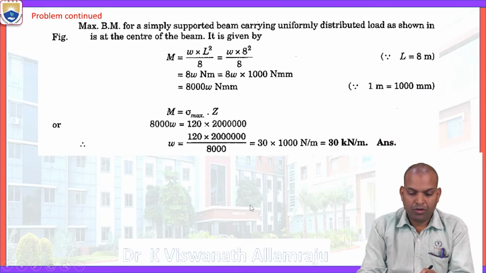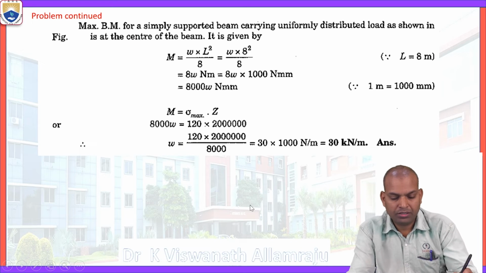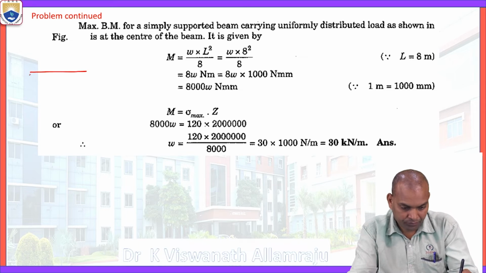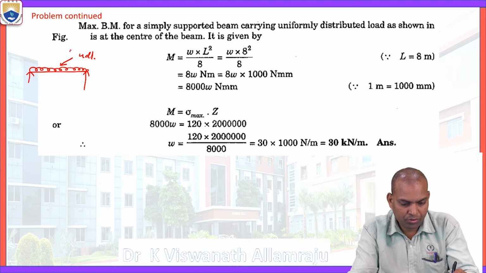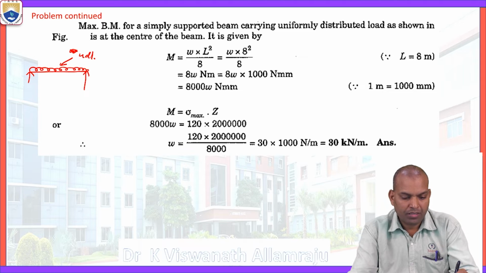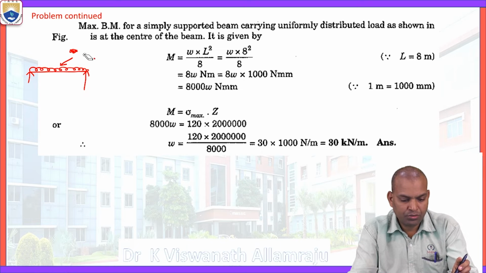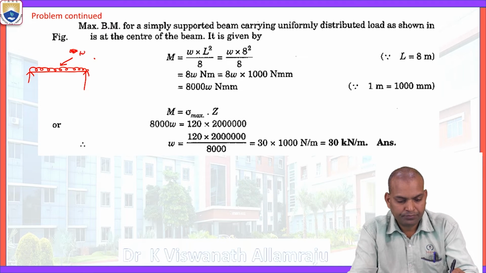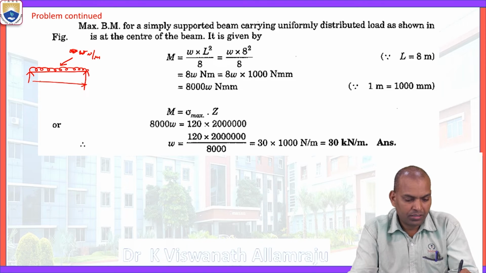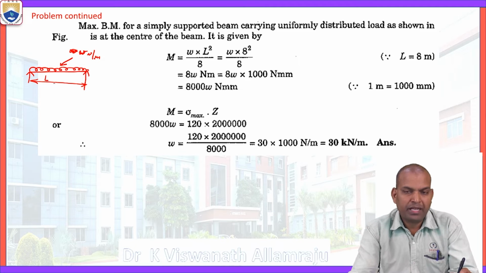Now after that, we know whenever a simply supported beam is subjected to a uniformly distributed load, UDL is small w Newton per meter for a length L. Now for this case, what is the maximum bending moment?